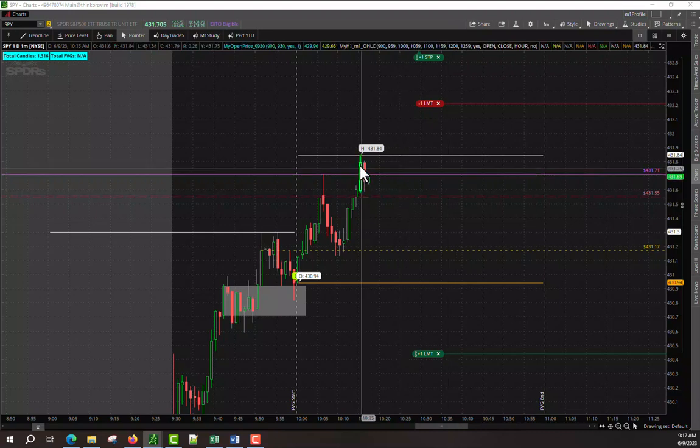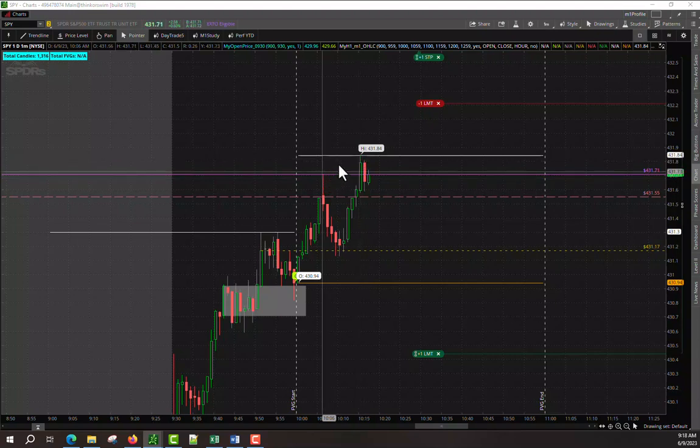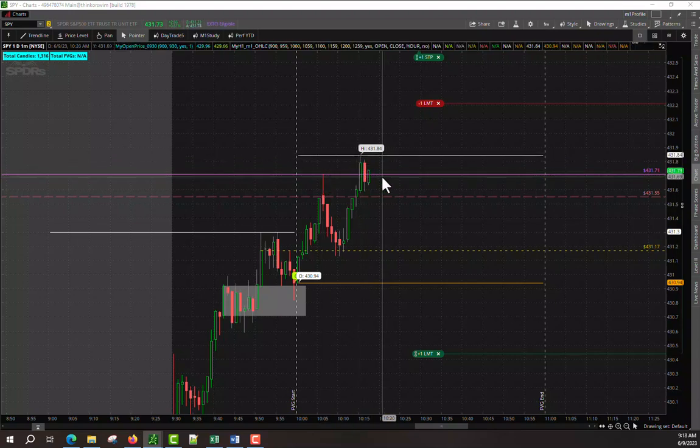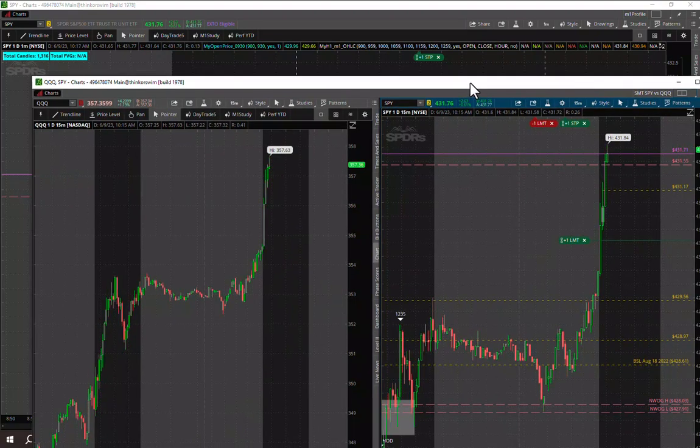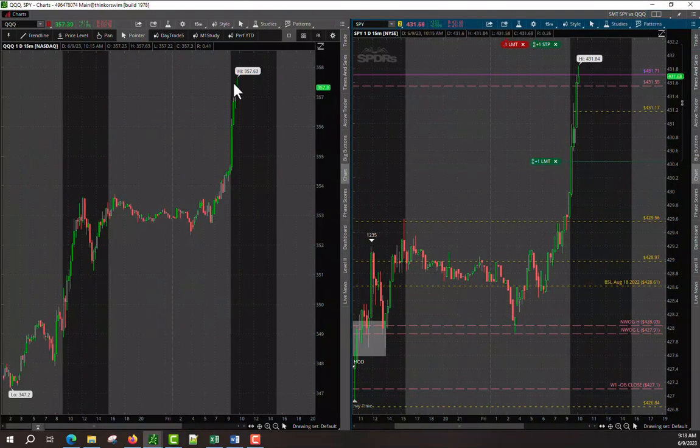So basically it takes out the buy side liquidity from last August, or August last year. So this is another buy side liquidity taken right here also. But we look at the smart money divergence, in order to enter a short position right here, we want to see this divergence, but we don't see anything right now.